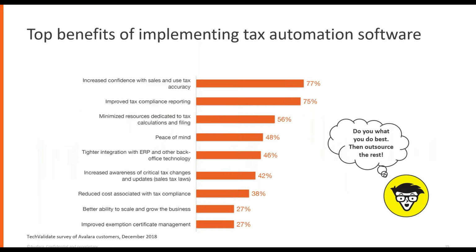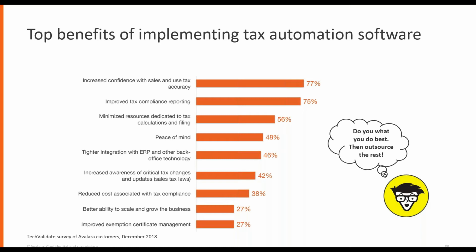So we also surveyed those who have already implemented our solution on the top benefits they received. Well, number one, that confidence with the accuracy is the biggest. They had the right sales and use tax, the reporting is right, and they're getting the states the money that they owe them, and it's the right amount.